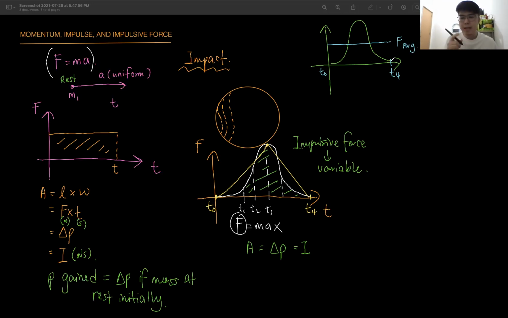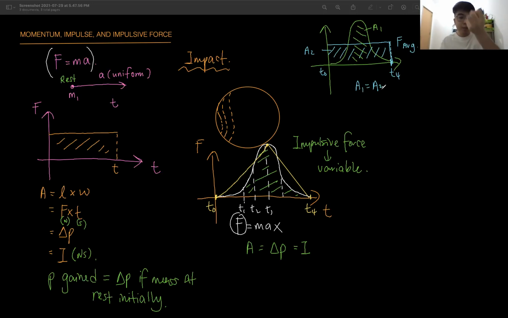Now this line has to be very accurate, so that if you draw a square between T0 and T4, the area of the square must be the same as the area of the bell curve. So if I call this A1, and the area of the square A2, A1 must be the same as A2. We are not changing the graph, because what's the area? The area is the change in momentum, right?